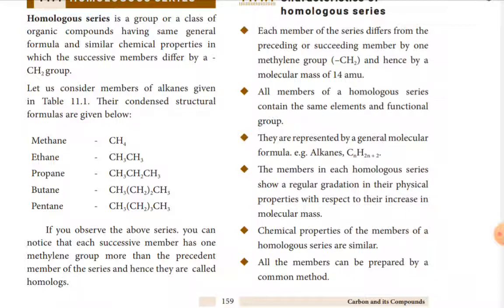The difference in molecular mass is 14 atomic mass units. Homologous series contain the same elements, same functional group, the same general formula, and regular gradation in physical properties because of the increase in molecular mass. Chemical properties are the same, and the members can be prepared by a common method.